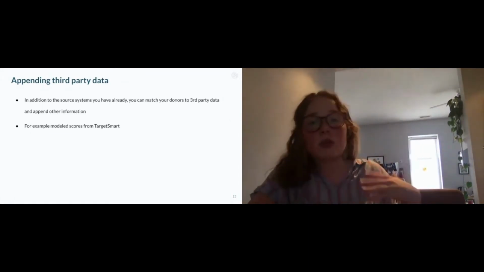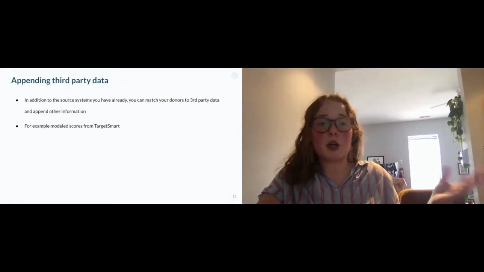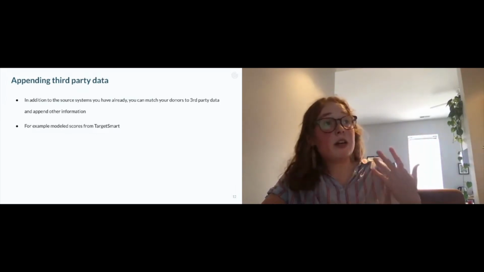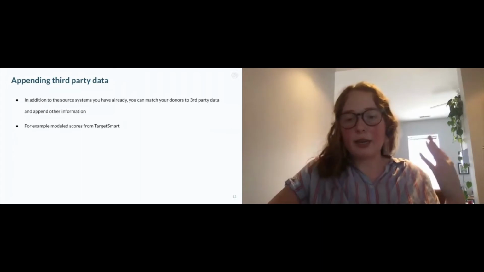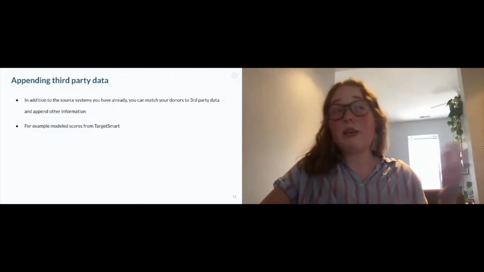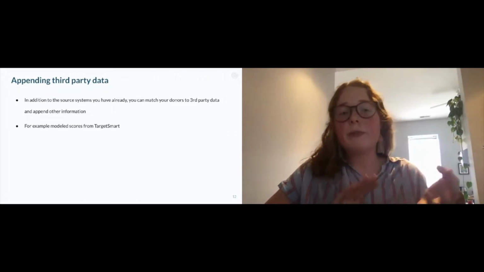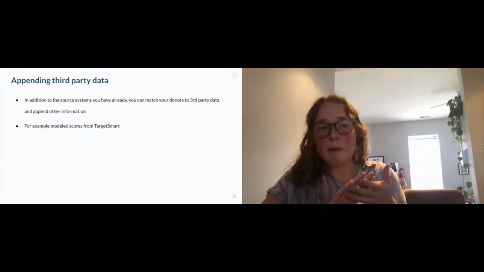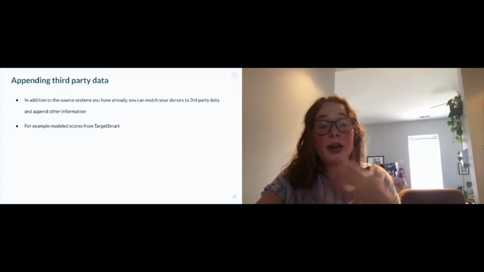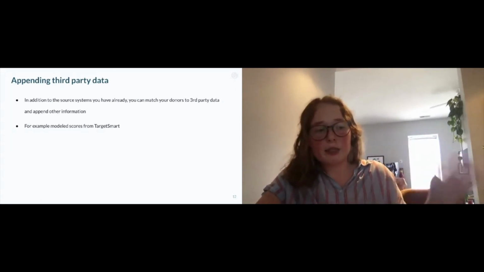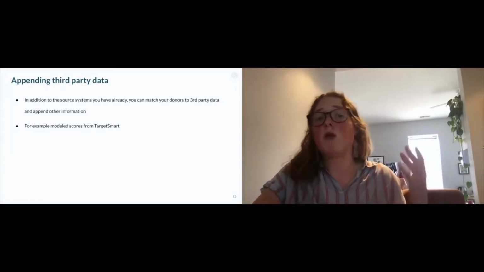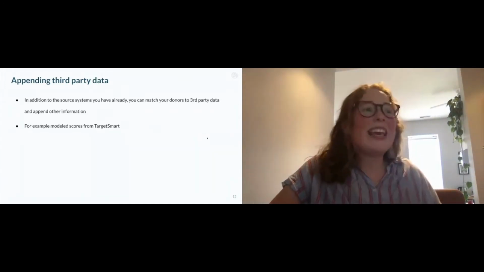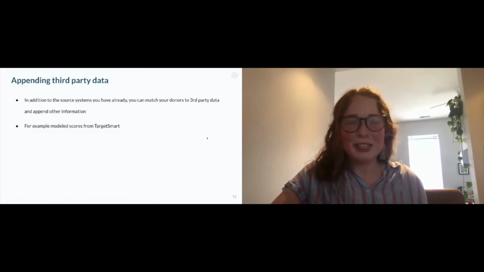So you have your source systems already, but you'd like to match on another person-level piece of information that can give you more modeled information, gender, or race. Sometimes if you've bought PII from a vendor, that is all something that's going to be much easier to match on once you have that common ID. And it's going to take your tech team a lot less time to do it.